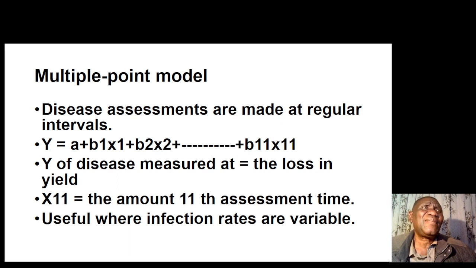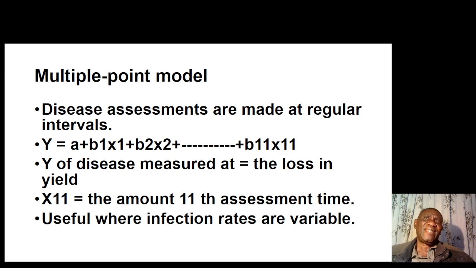Multiple point model, this is simply a regression analysis, a multiple regression analysis which considers a lot of factors in predicting the loss due to the diseases. So a lot of factors are involved, and you end up with that sort of equation, as long as you know that sometimes we involve a lot of factors to predict crop yield loss due to diseases.